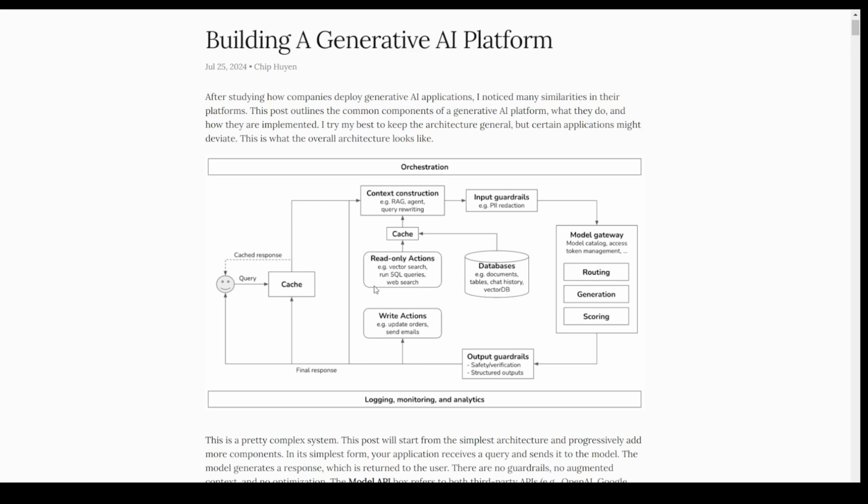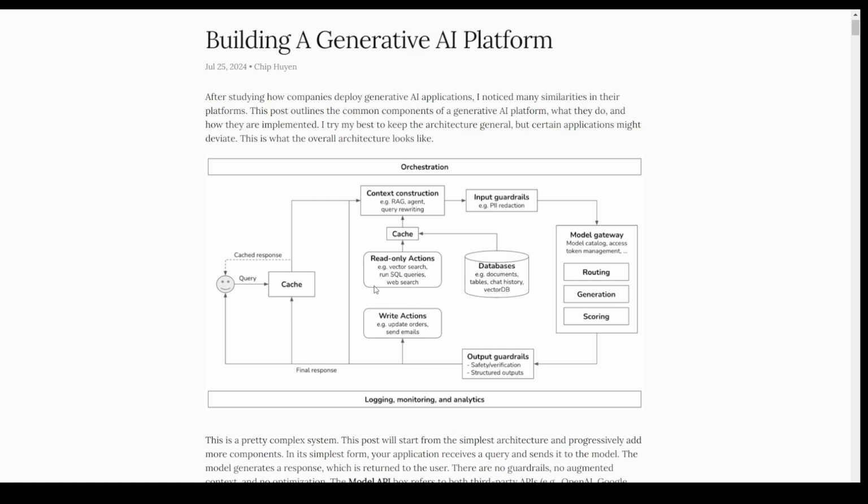Then, in the second part, we included some guardrails so that we can make sure the data going into the model API is secured for personally identifiable information, and the output coming from the model is as per the safety standards that we have, and in the form of structured outputs as we require.